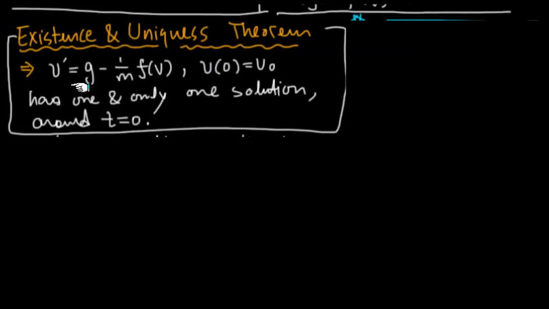The existence and uniqueness theorem says there is one and only one solution around t equals 0. At some point I'm going to specify the meaning of this. It means there's at least a small neighborhood around t equals 0 such that there is a solution, and that is the only solution with this initial condition.